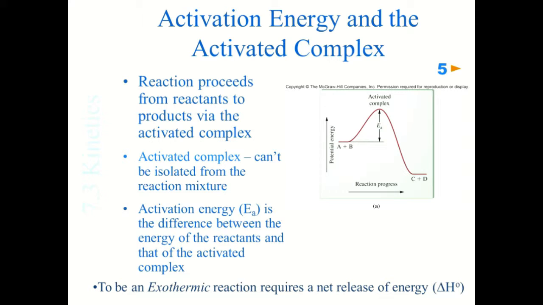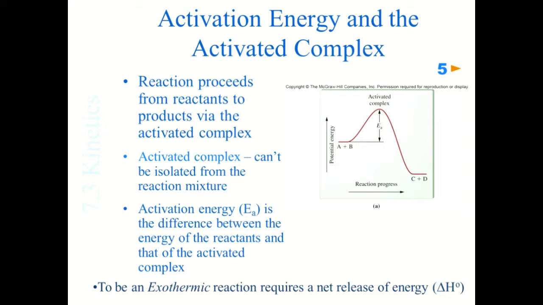So here is a diagram of what a chemical reaction energy diagram would look like. This right here, EA, that's the activation energy. So I start here, my energy starts here. I need that much energy for the bonds to break.